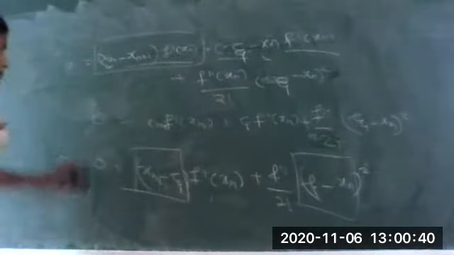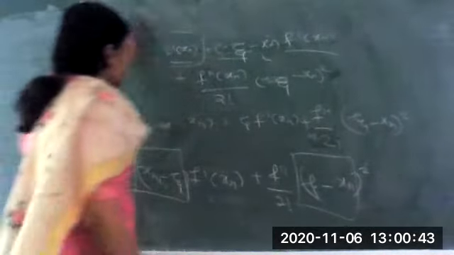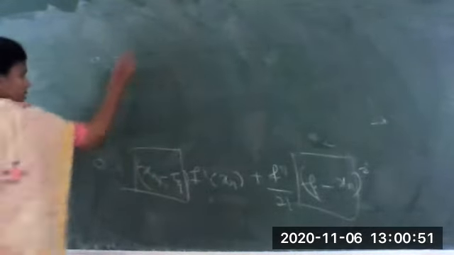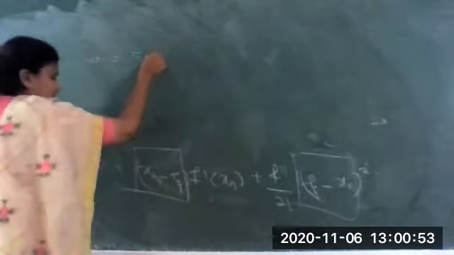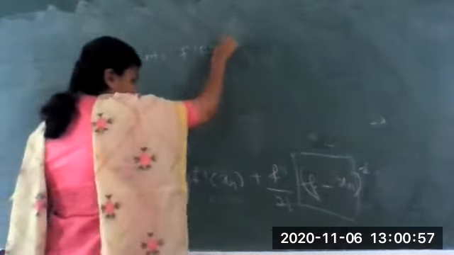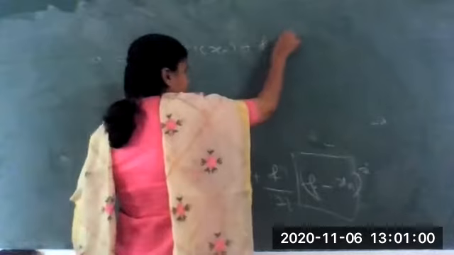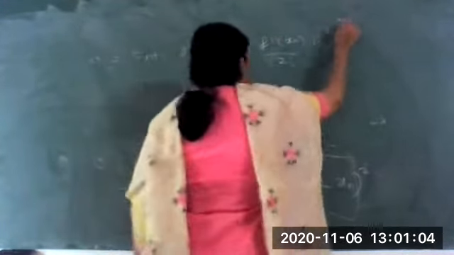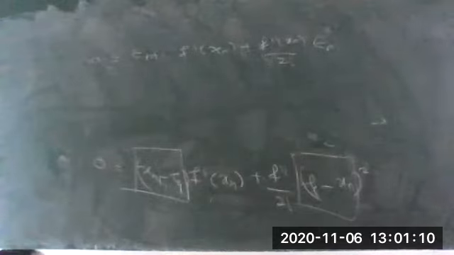Sorry for the mistake, so let me write down. So this is equal to 0. This term will be epsilon n plus 1, that is the error at the n plus 1 step, into f dash of xn plus f double dash of xn divided by 2 factorial, and the error at the nth step squared.